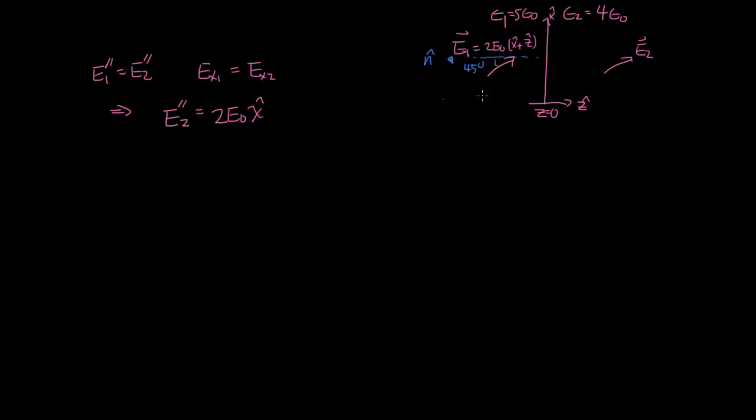Or let's take this a step back. When we're looking at this, we can break this down into a normal component and a tangential component. In this case, since the normal component is in the z direction, the tangential component is going to be 2 E naught x hat, and the normal component is going to be 2 E naught z hat.